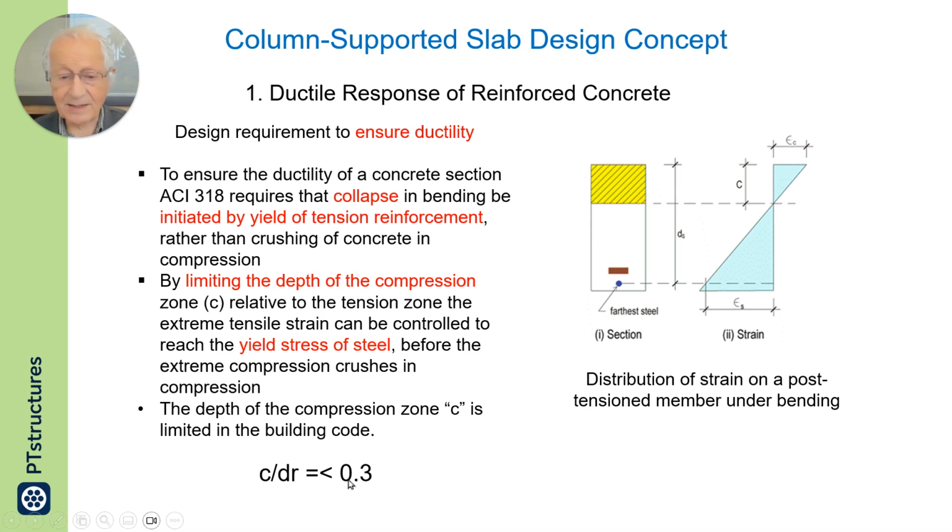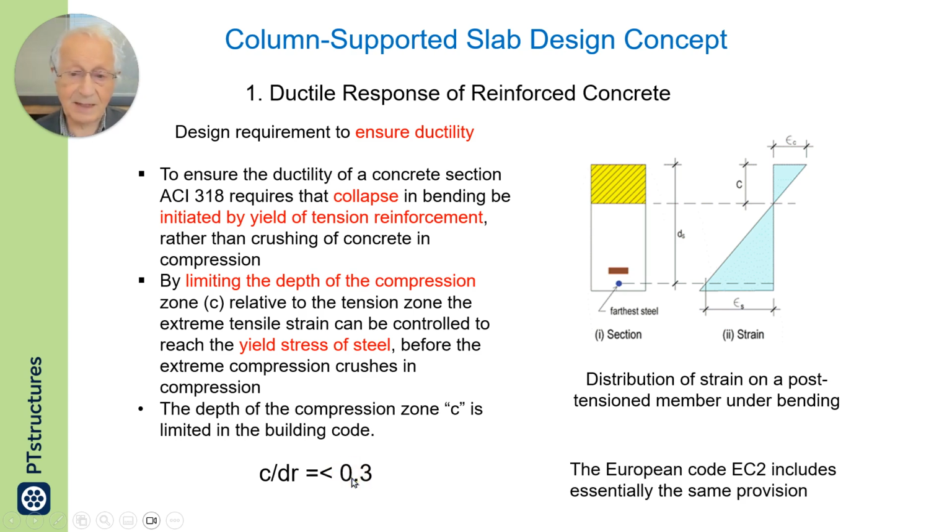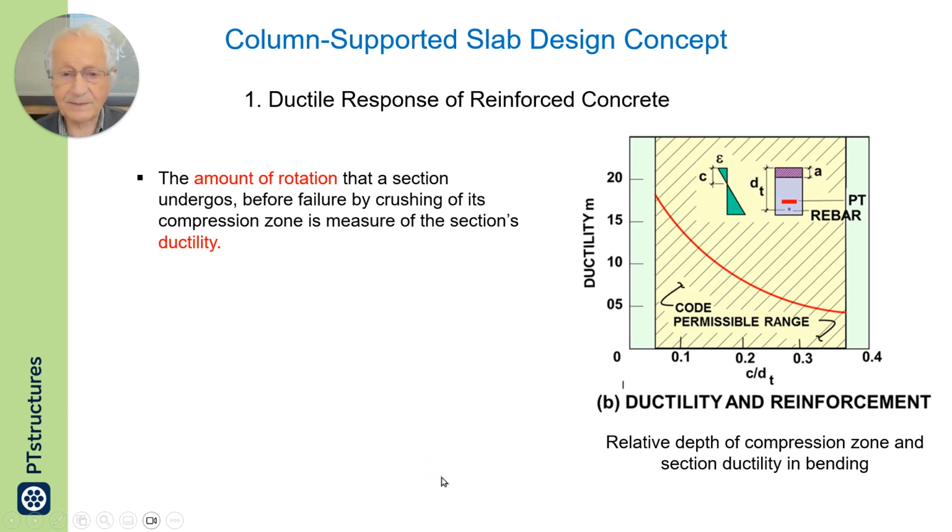Now, this is the ratio stated in ACI 318, depth of compression zone over the distance to rebar to be less than 0.3. EC2 has essentially the same provision.